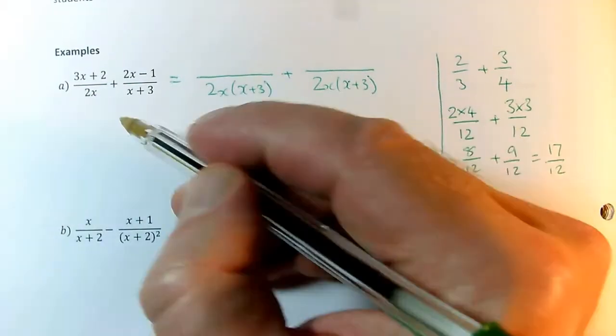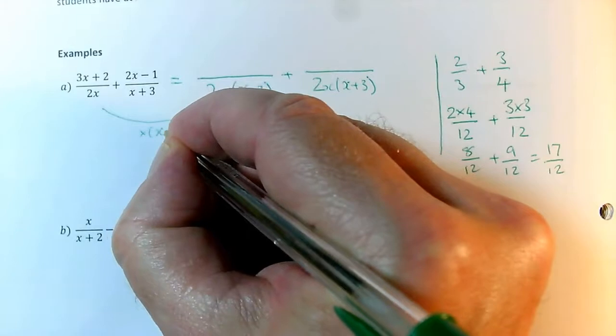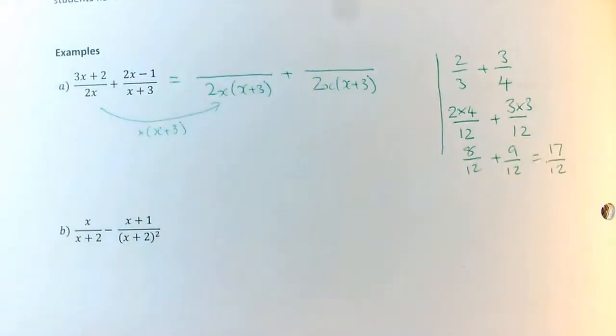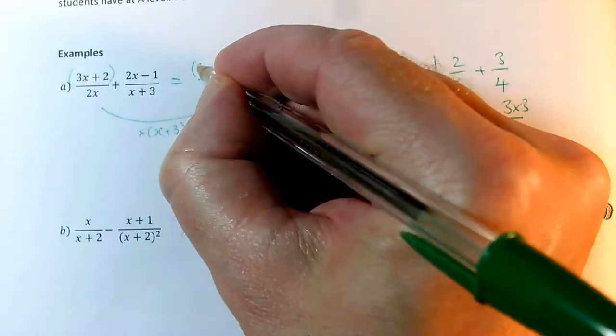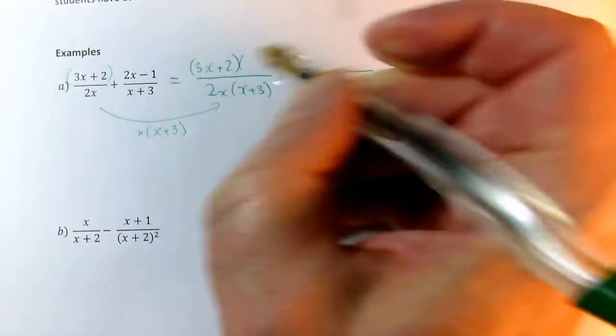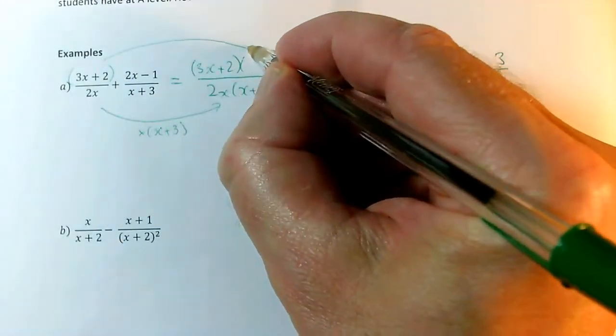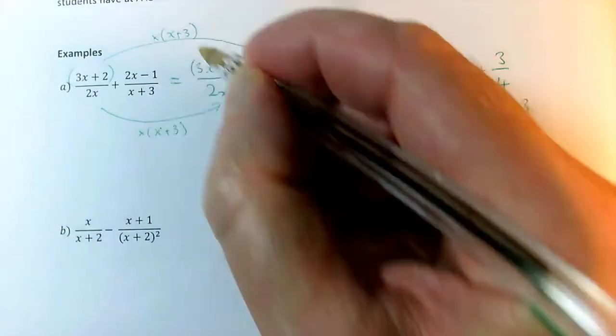So I've multiplied the bottom of this. Okay, I've done a times x plus 3 here. So if I'm doing that on the bottom, then this 3x plus 2, which is really a bracket of 3x plus 2 on the top, has got to have been multiplied by something as well. And it's got to be multiplied by the same times brackets x plus 3 that I did on the bottom.